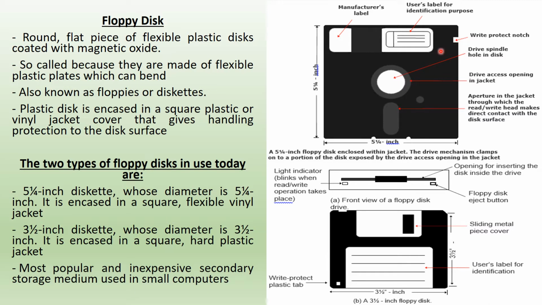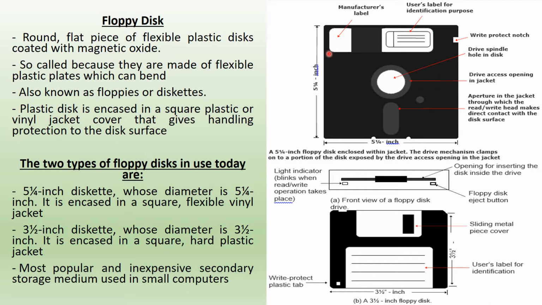Checkpoint number two says they are so called because they are made of flexible plastic plates which can be bent, and of course that's true, they can be bent. They are also known as floppy or diskettes. Point number four says the plastic disc is encased in a square plastic or vinyl jacket cover that gives handling protection to the disc surface, and this is the black part over here.